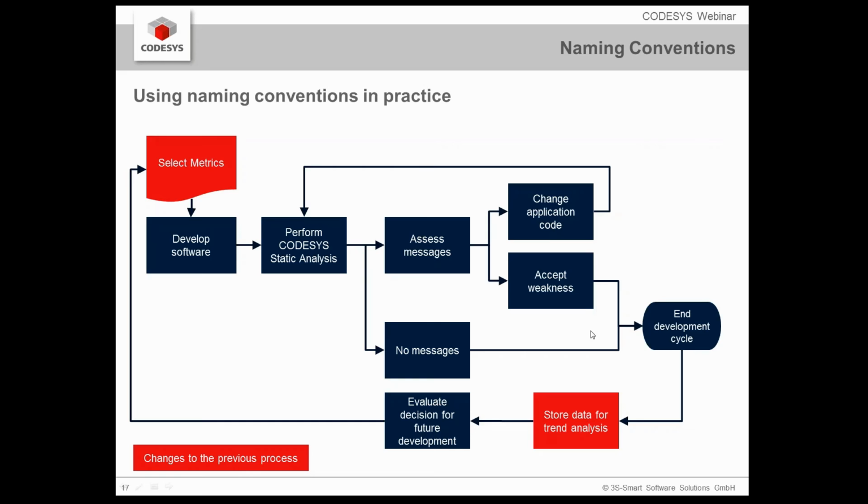The process or the steps are the same. So also here you have to define it and then you have to test it. The only thing I want to add here is that you could store the metrics results somewhere in your repository, for example, because you could use these metrics numbers during the development or during different releases to make a trend analysis.